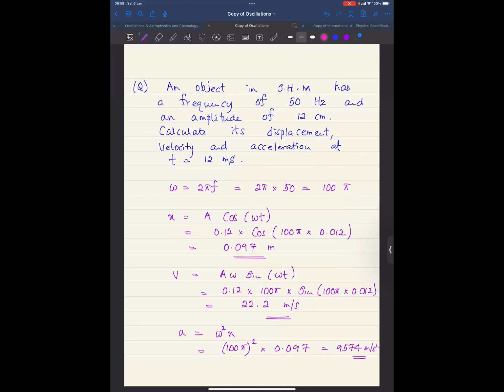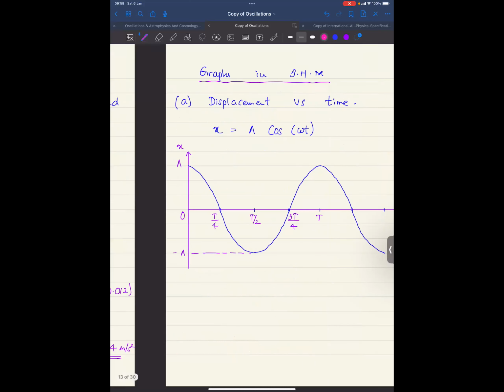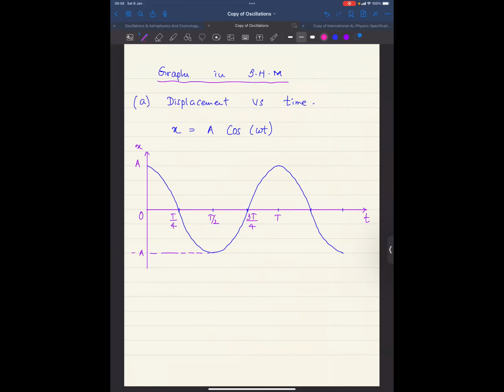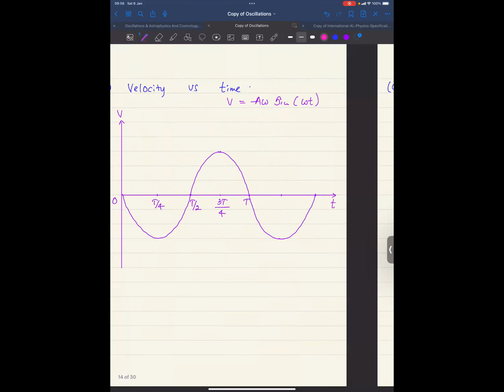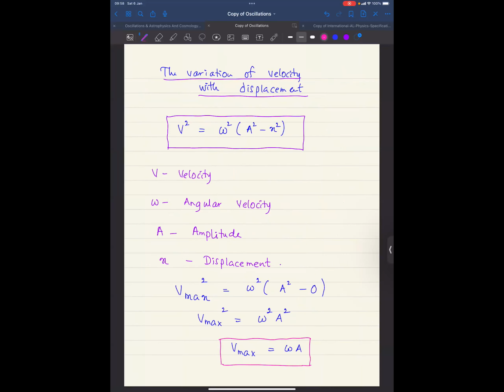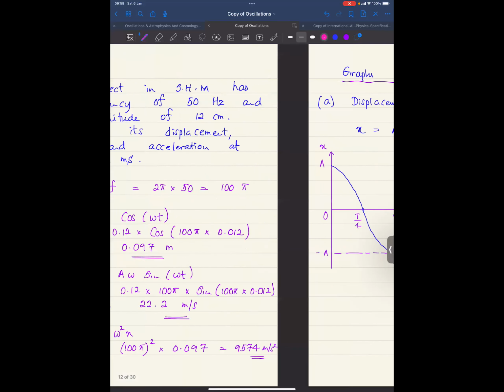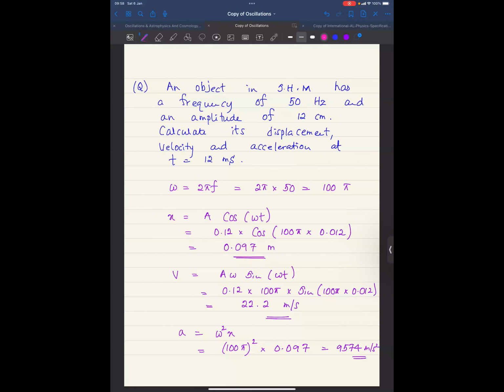Right, guys, write down the next subtopic: graphs in simple harmonic motion. So I got 9,581. Okay, so close enough. And I got acceleration at time t, sir.